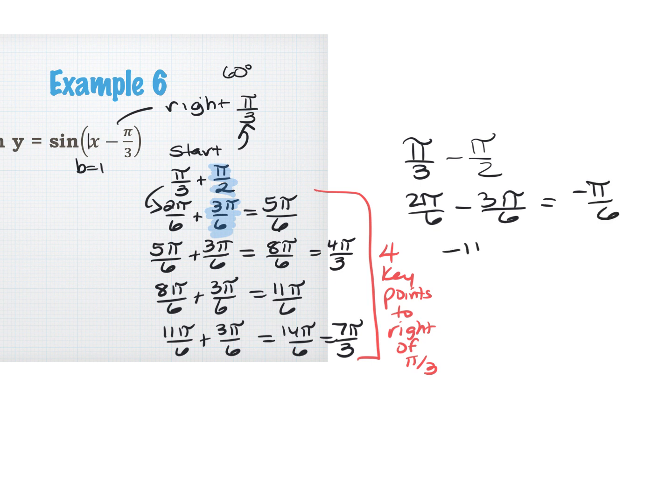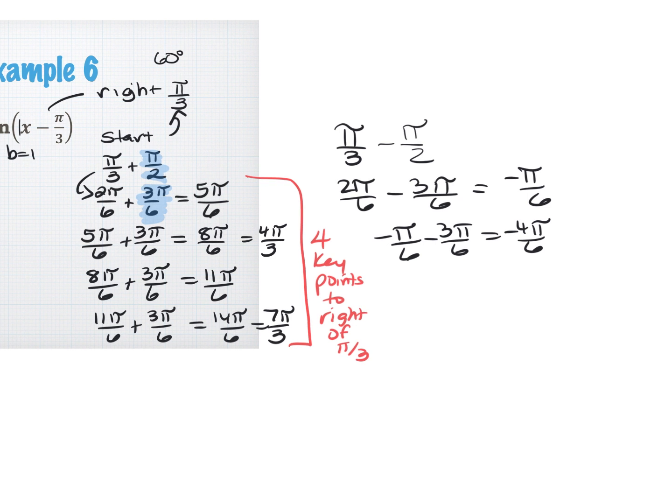And then I take that negative pi over 6, subtract 3 pi over 6 again: negative 4 pi over 6. That will reduce to negative 2 pi over 3. And then again, take the unsimplified, the negative 4 pi over 6, and subtract 3 pi over 6 again: negative 7 pi over 6.